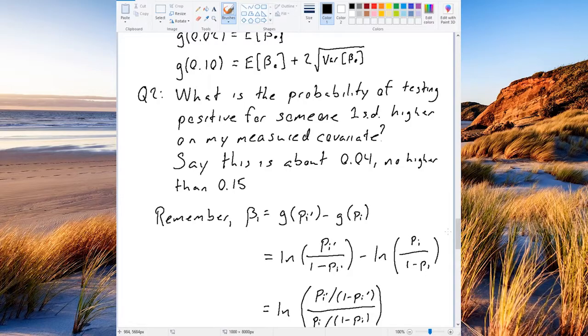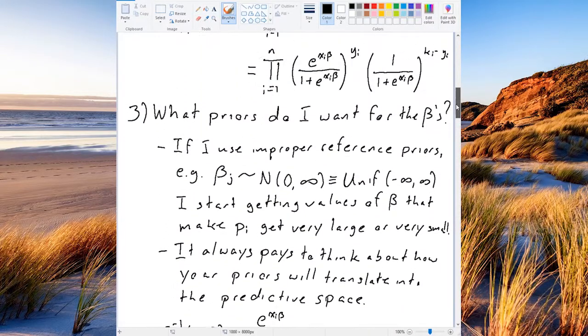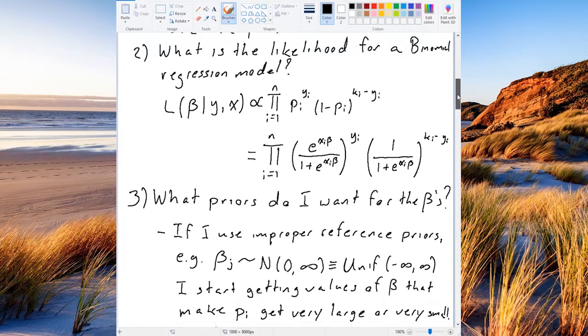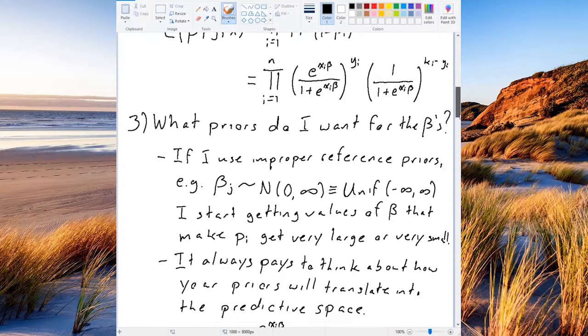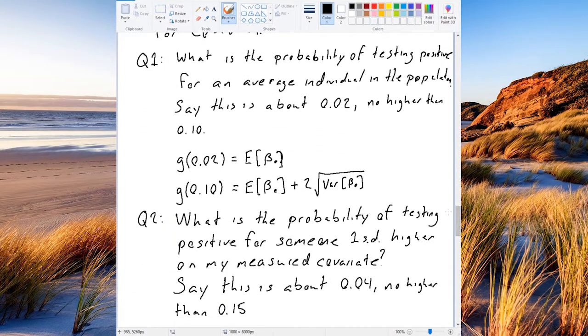And that's going to be just fine because, remember, the big thing we want to avoid is the instability that comes in when we use an improper reference prior, when we have really extreme values of the x beta result. If we're putting this in terms of probabilities, even probabilities like 0.02, 0.10, if we're putting this in terms of real probabilities, we'll be able to translate that into betas that make sense for those real probabilities.